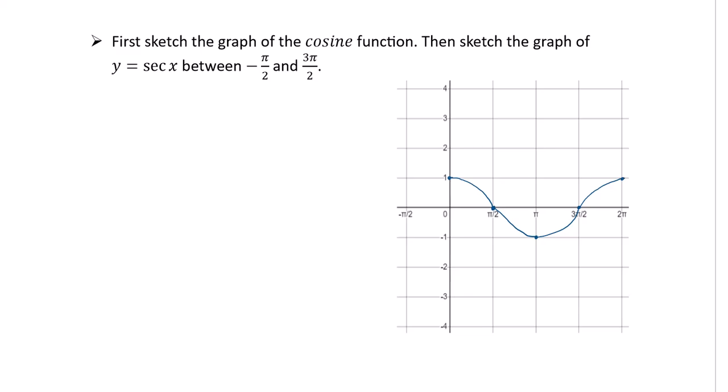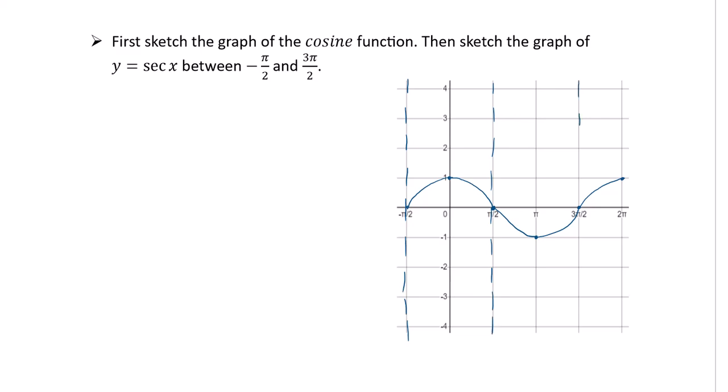And if you wanted to, we could continue this over here. Let's go ahead and do that since we're going to be graphing between negative pi over 2 and 3 pi over 2. Now I know from my table of values that we just completed, I have at negative pi over 2 a vertical asymptote. At pi over 2 I have a vertical asymptote.